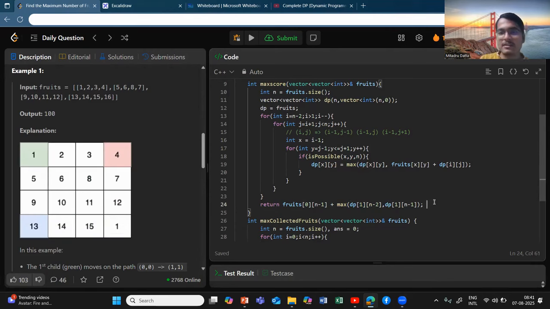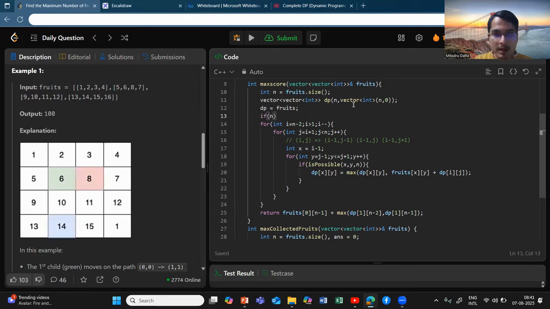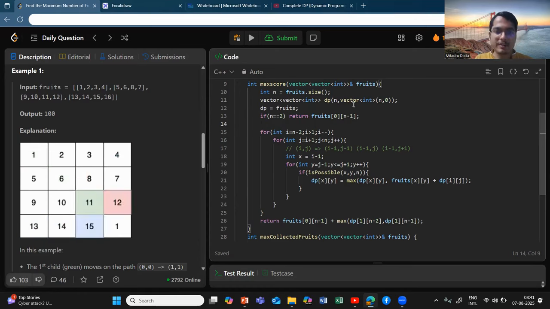So you just write the base cases separately for 2 and 3. So if n is equal to 2, then what do you need to return? You need to return simply the fruits of 0 comma n minus 1. Okay, and just return the top value.